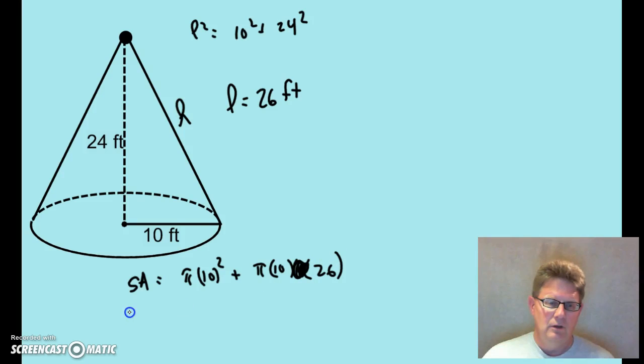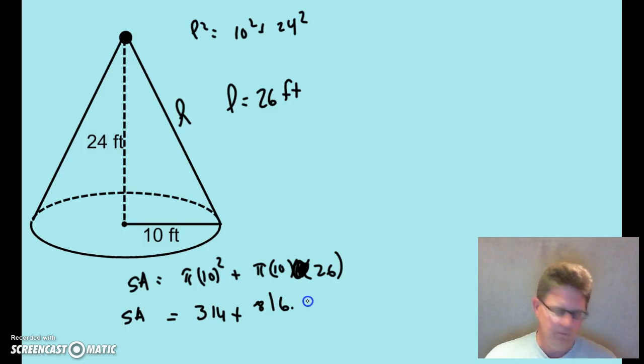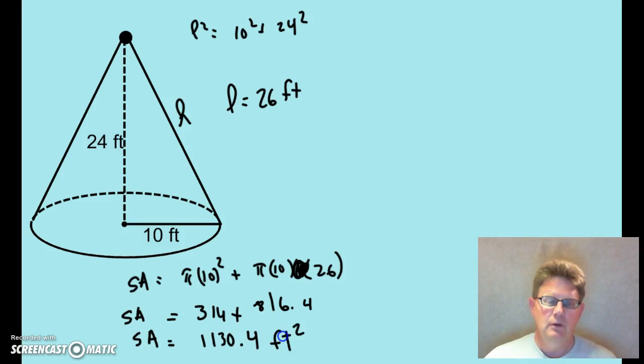So the surface area equals 314 plus 816.4. So the surface area of the entire cone is 1,130.4 square feet. This will conclude Honors Geometry 12.3, Surface Area of Pyramids and Cones.